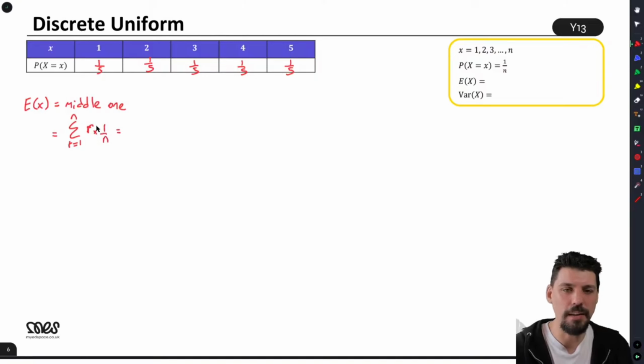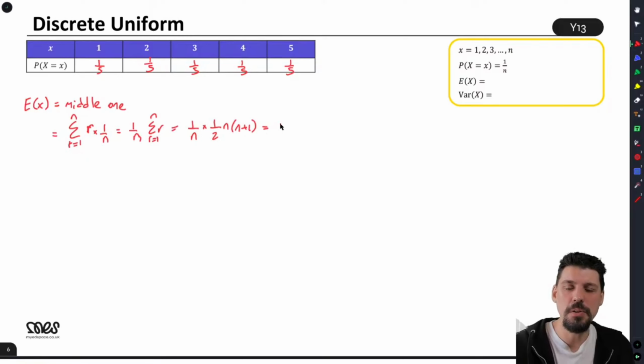So the x value times 1 over n, which is its probability. Why am I using r? Because that is a standard summation result in the core pure. That is 1/2 n(n plus 1). So we do get here, with a bit of cancellation, n plus 1 over 2, which is the middle one.